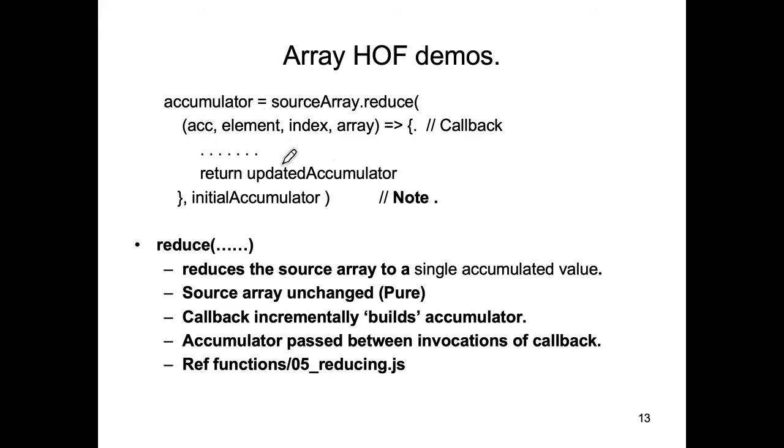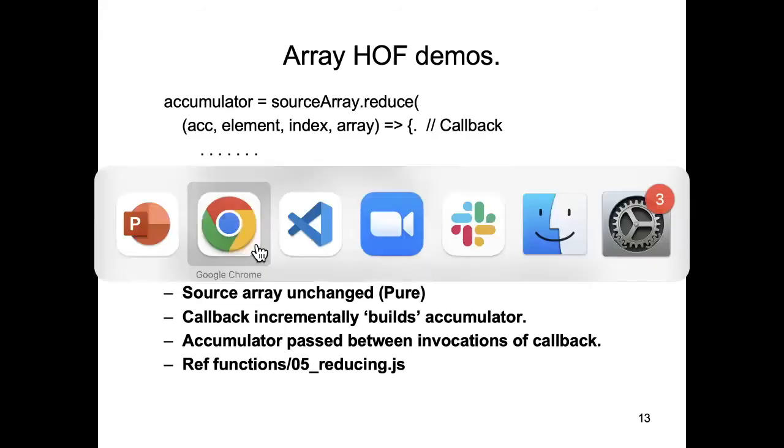In here, we compute how to update the accumulator, return the updated value. That's passed in as the first argument in the next invocation of the callback, and on it goes. So as the developer, what you've got to decide is, what is the structure of the accumulator and what's its initial value? And obviously as well, how do I decide how to update it in the body of the callback? Okay, so let's look at an example.